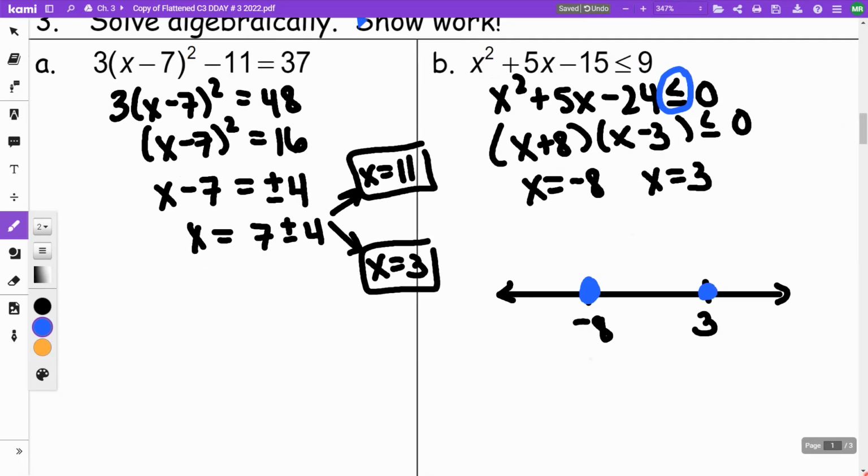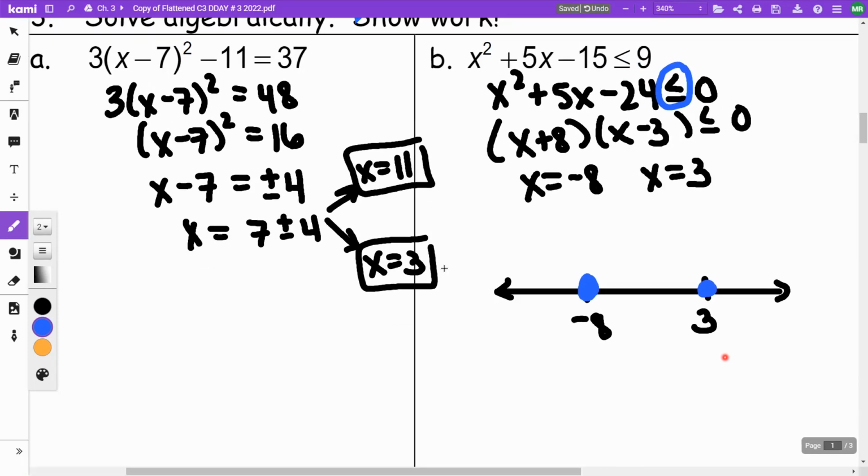So the way I think about this, I could test a value here and here and here and see what makes it true. But this is a parabola. And I think of this number line as where my graph would touch the x-axis, where it's 0 at -8 and at 3. And I want where it's less than.